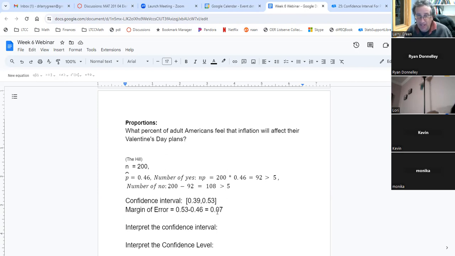This 7% or 0.07 is kind of the idea of how far off we might be. So another way of saying it is we're 95% confident that our best guess of 0.46 is off by no more than 7%. Does that make sense? Anyone lost on that idea for margin of error?